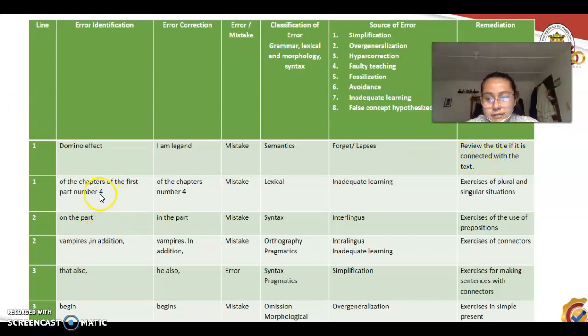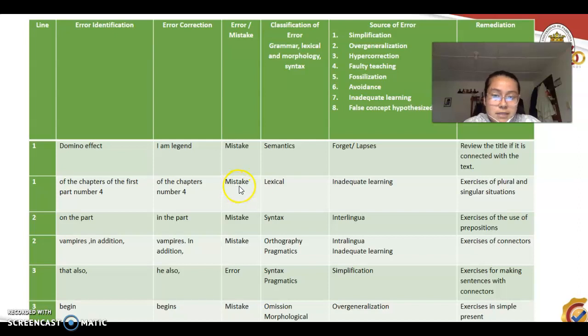So we have the chapters of the first part, number 4. So I think that the student also was confused because he named a series of numbers 4, 5, and 6. So that means that they are in the second part. So the first part can be 1, 2, and 3.